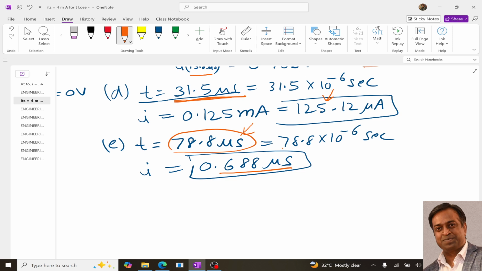And with this theoretical reasoning, you can verify whether you have done a correct solution or not.